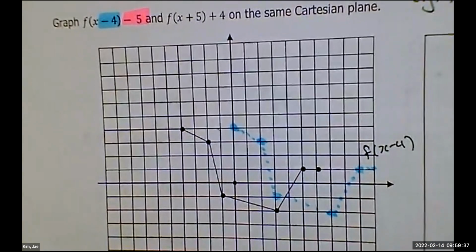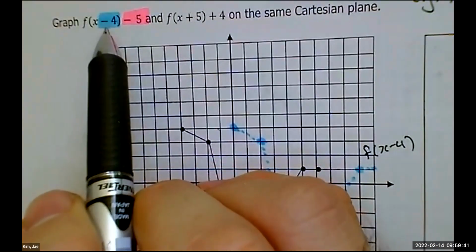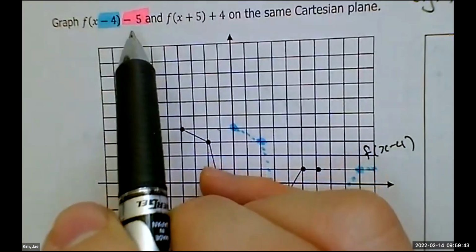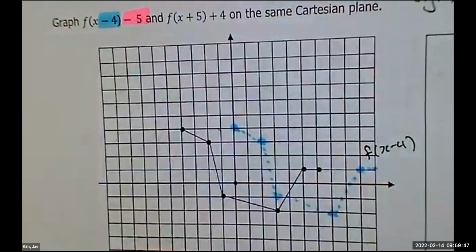What's next? That same function, it's not the only thing that's happening. There is a minus 5 also being applied. This minus 5 is not inside the function. It represents something else. What does it represent? A vertical shift down.